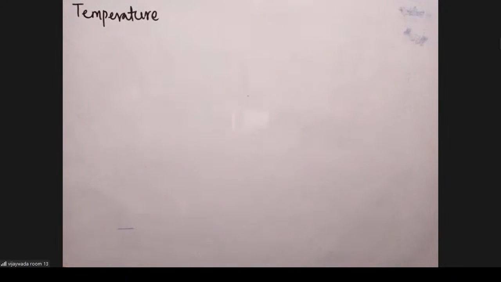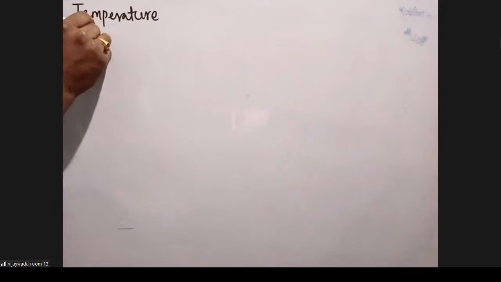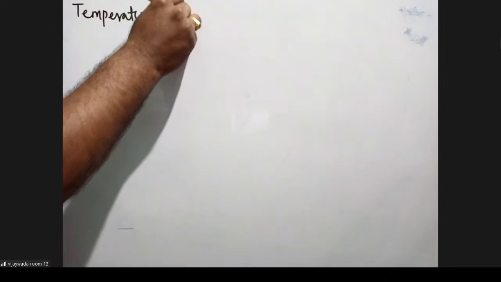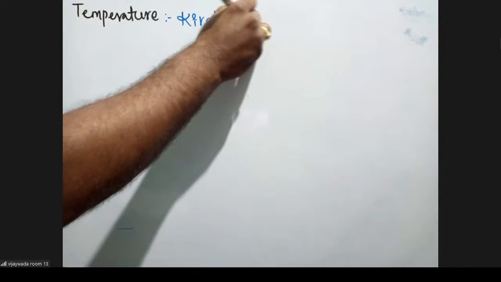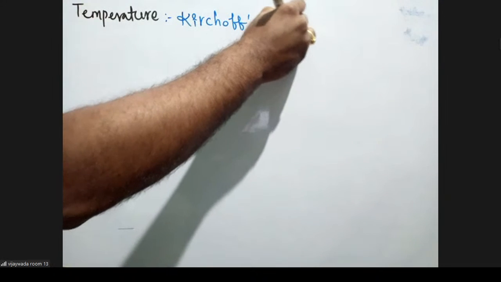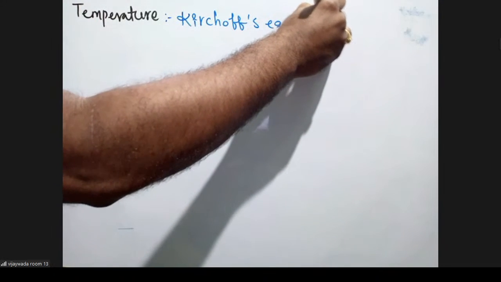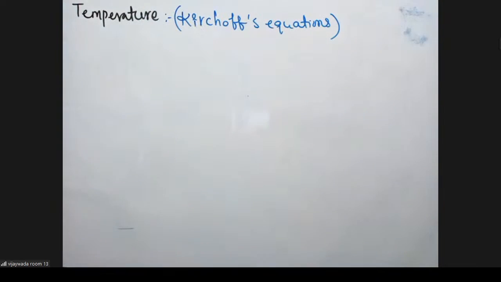And how can we study the temperature effect? With the help of Kirchhoff equations. The change in heat of reaction with temperature can be studied by Kirchhoff equations, very important equations.